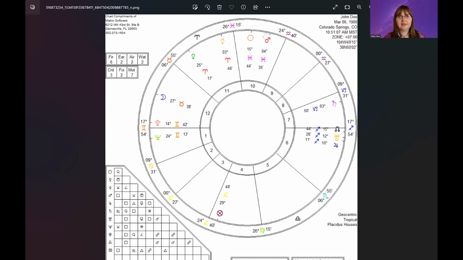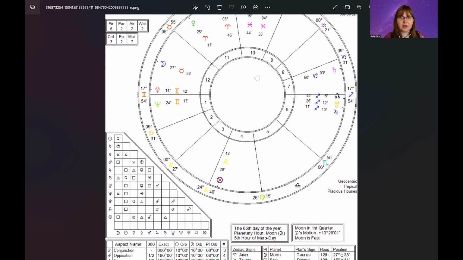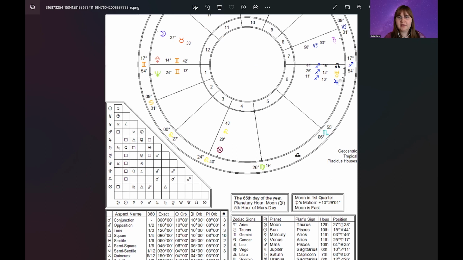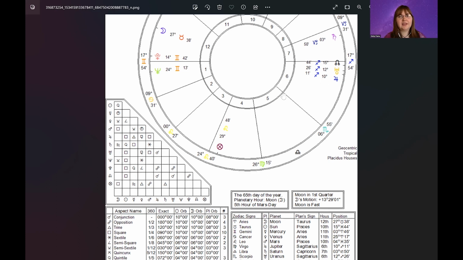And then Mars is over here. This is the symbol of Mars with 4 degrees of Pisces and 35 minutes in the 10th house. And after we identify Mars, we can look at Jupiter. This is the symbol for Jupiter. And it's in Sagittarius, 10 degrees, 11 minutes in the 6th house.